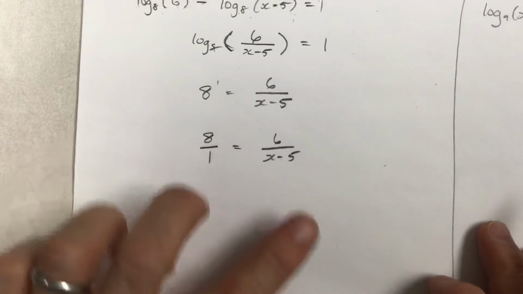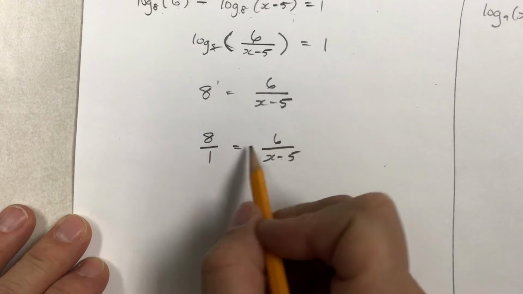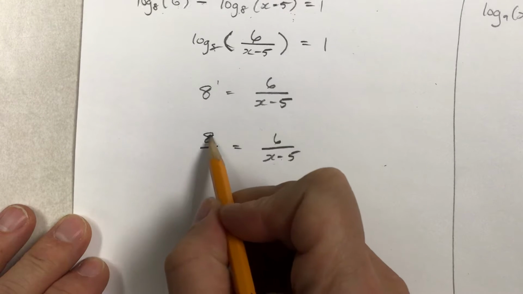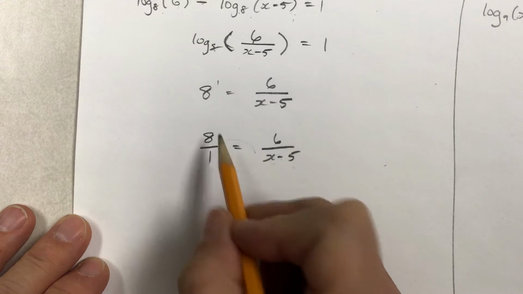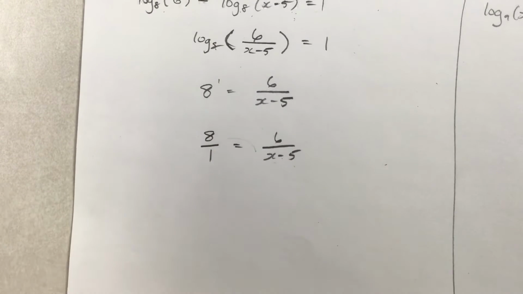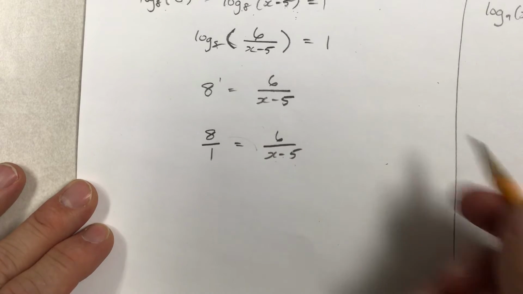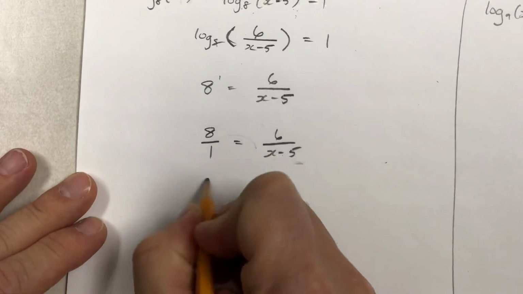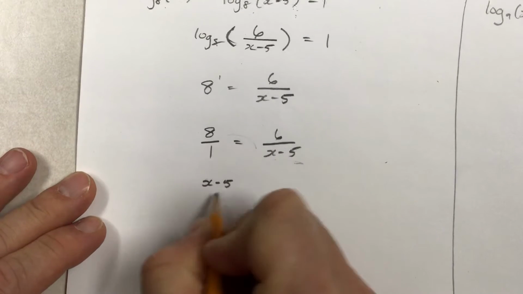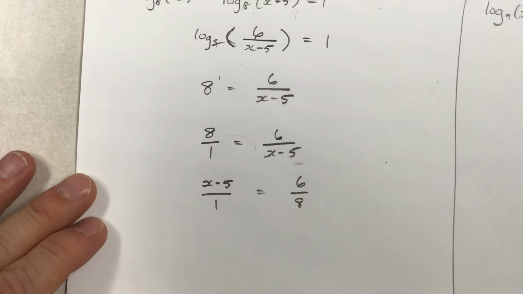I'm going to do the stinky guy rule where you can move any number diagonally if there's an equal sign in between. So the 8 and the x minus 5, I'm going to move the 8 down below there and the x minus 5 up there. I call it the stinky guy rule because I don't like doing math, and that's not really multiplying, adding, or dividing, I'm just swapping. So in other words, I have x minus 5 over 1 is equal to 6 over 8.